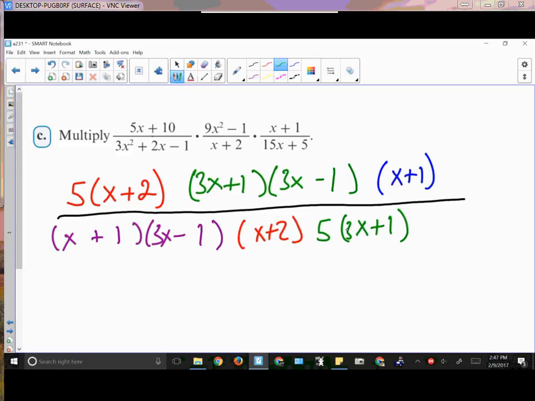Now, we get to go through and slice this thing up and get rid of the things on top that match the things on the bottom. I've got a 5 here that matches a 5 there. I got an x plus 2 that matches an x plus 2. I got a 3x plus 1 that matches a 3x plus 1. I got a 3x minus 1 that matches a 3x minus 1. I got an x plus 1 that matches an x plus 1.